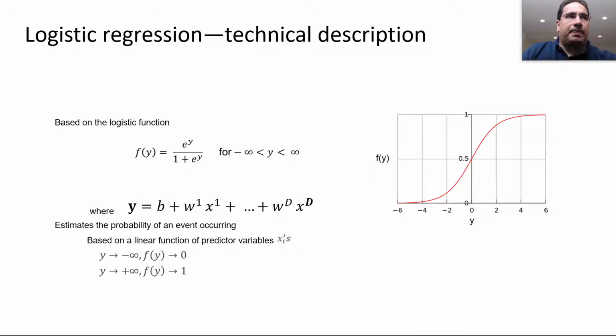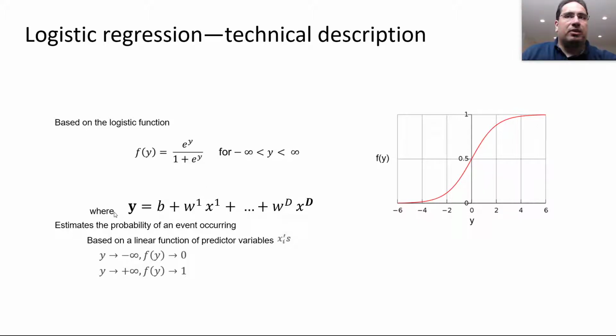Logistic regression is based on the logit function, or logistic function. You can see that function here: f(y) equals e to the power of y over 1 plus e to the power of y. The beauty of this function is that you can give it any number from negative infinity to infinity.